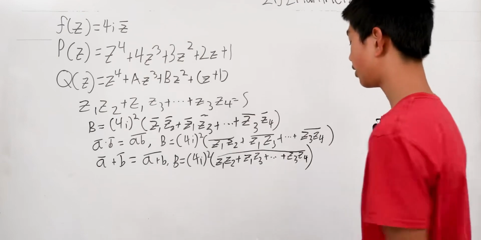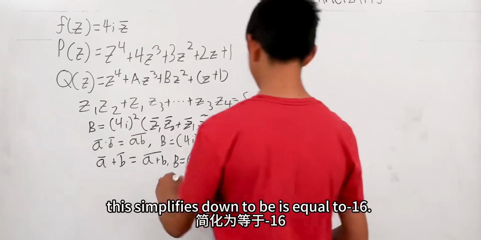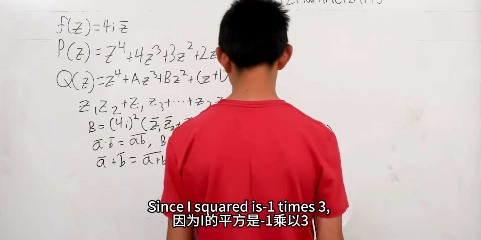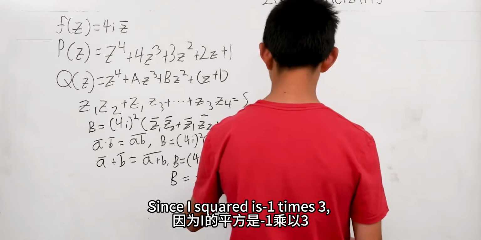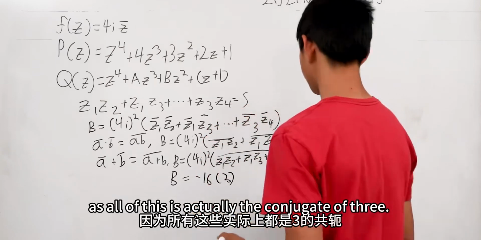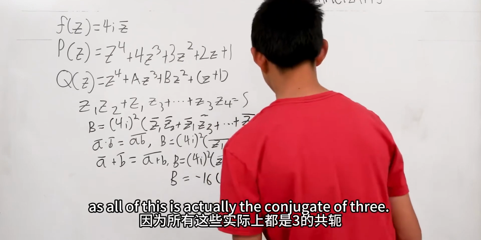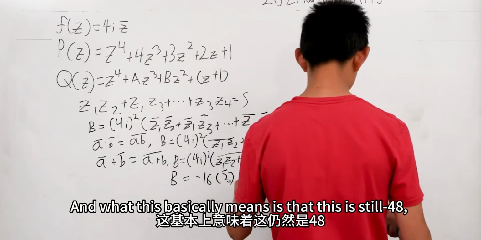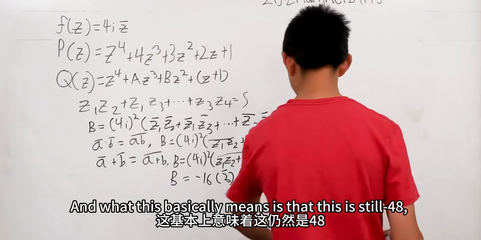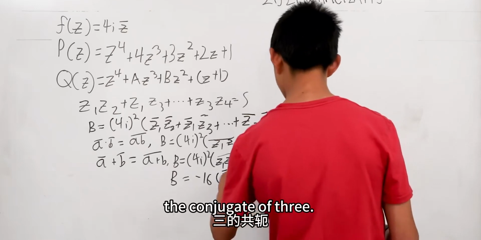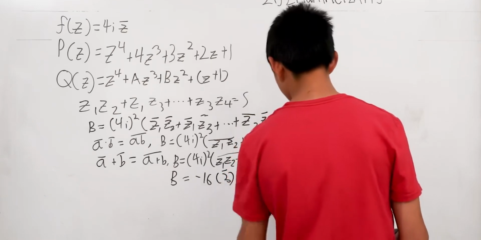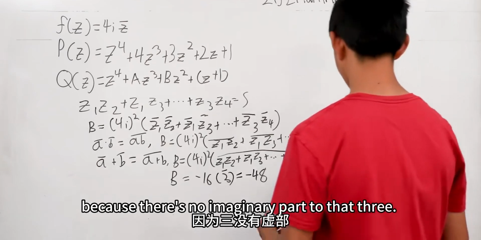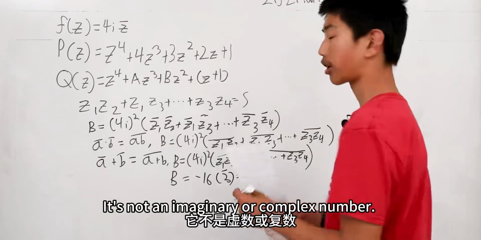What this simplifies down to is b is equal to -16, since i squared is -1, times 3, as all of this is actually the conjugate of 3. So this is still -48. The conjugate of 3 is just 3 because there's no imaginary part; it's not an imaginary or complex number.